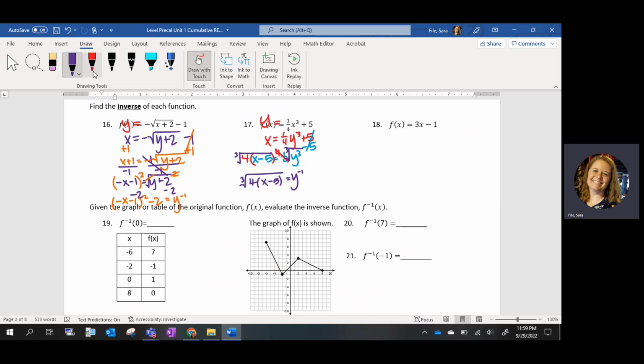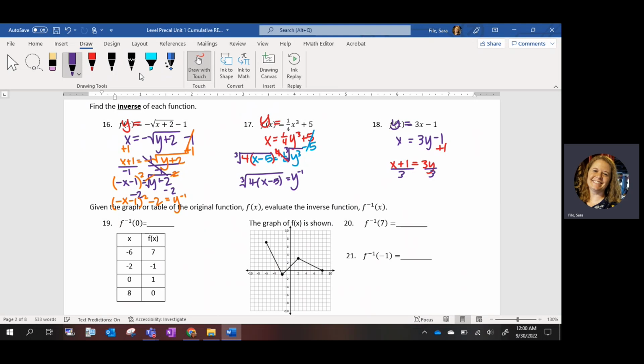And last but not least, now we've got a linear function. Remember, this is the same thing as y. So we switch x and y. Then this one's going to be the easiest to solve. You add the 1 over, so we've got x plus 1, and then you divide out the 3. What you do to one side, you do to the other.